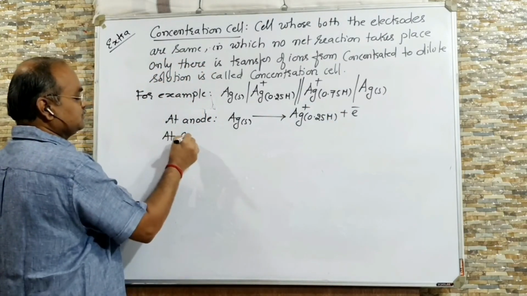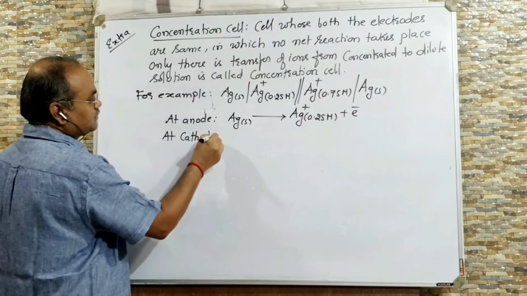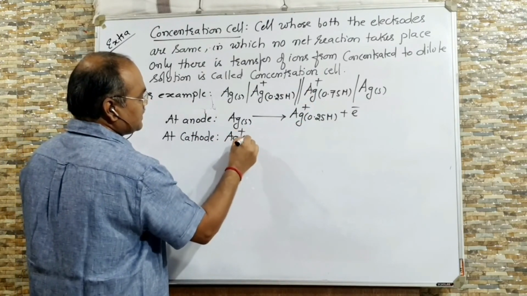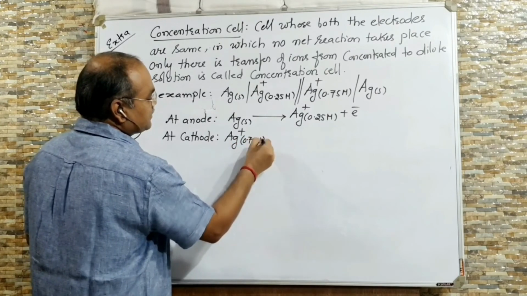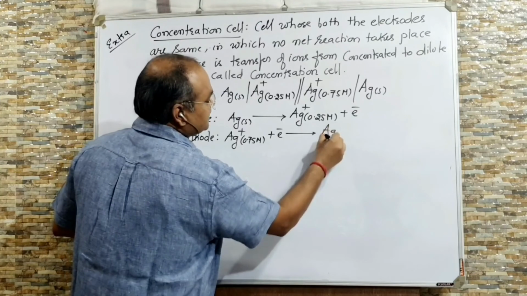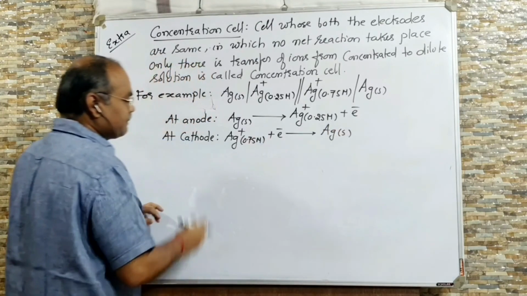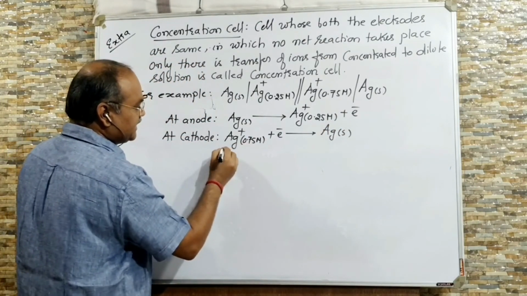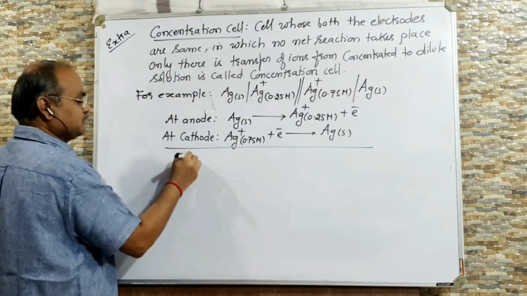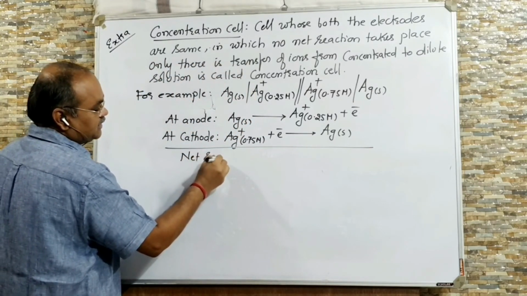At cathode, Ag plus 0.75 molar takes electron and gets deposited as silver. This is reduction, right? Now let us check whether net reaction is taking place or not. Net reaction.